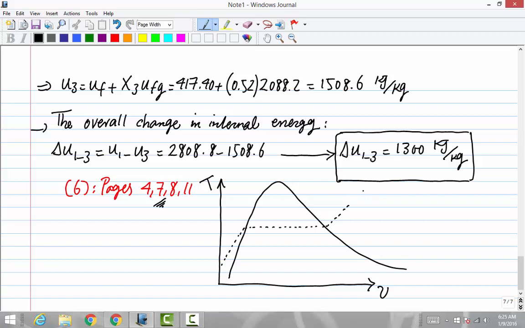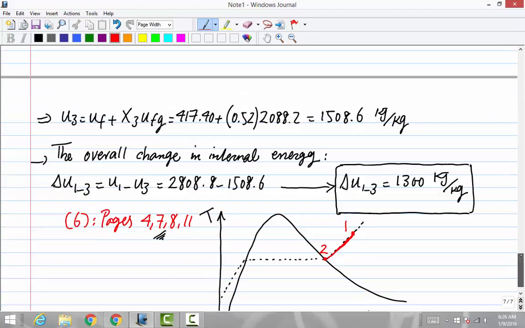So here's point 1, and while going from point 1 to point 2 we are on this curve because the pressure is constant. And then we get to this line, which is saturated vapor, and that's it. There we are, point 2.